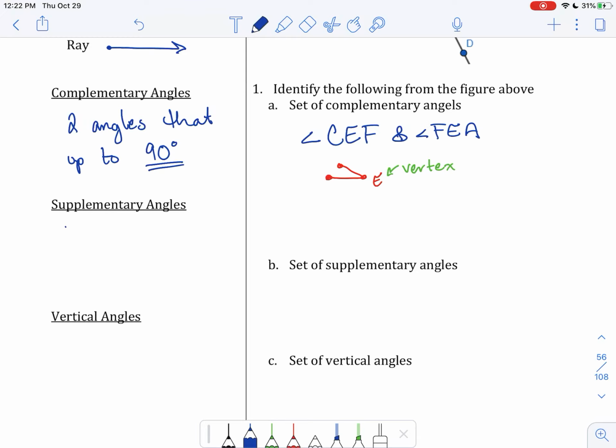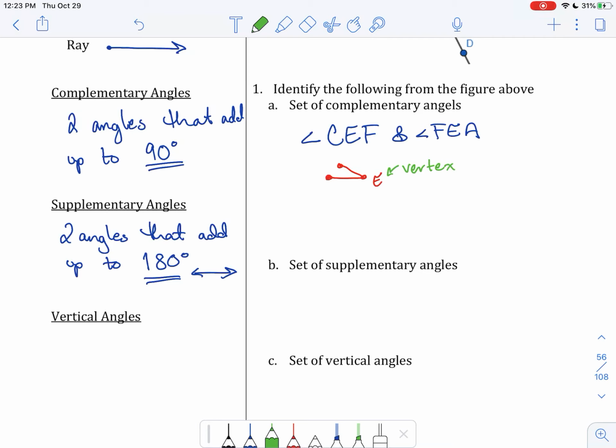The next terms are supplementary angles, and these are two angles that add up to 180 degrees. So 180 degrees is a straight line, right? It's two 90-degree angles together.